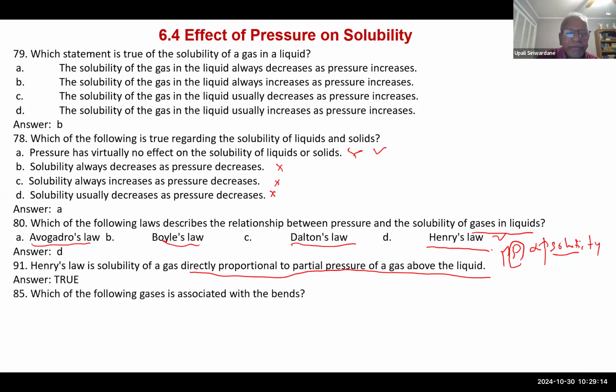Which of the following gases is associated with the bends? The bends is a phenomenon that takes place when divers go underwater for a long period of time and come out of the water quickly.